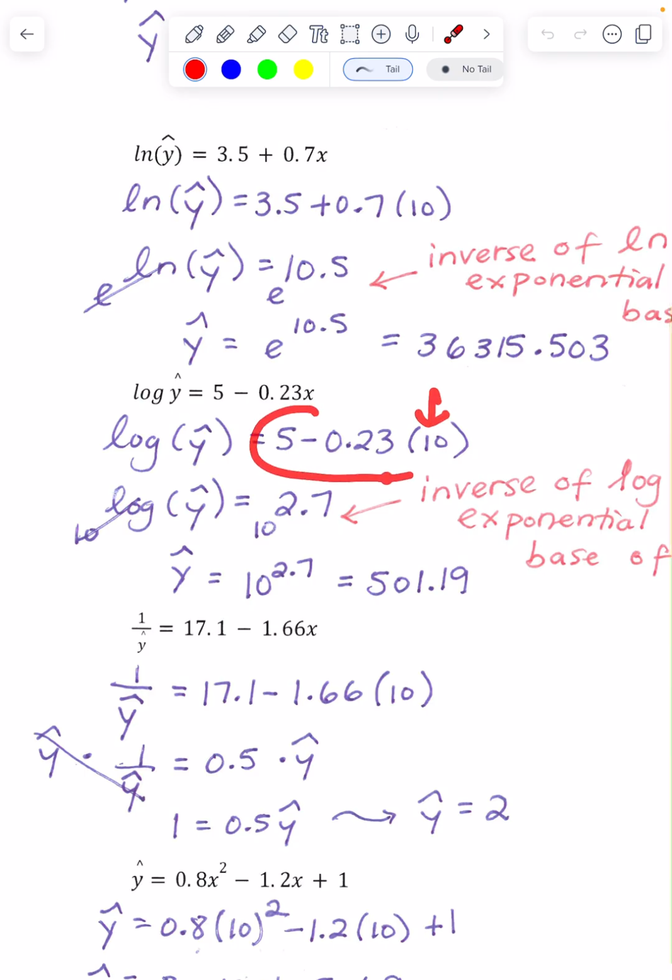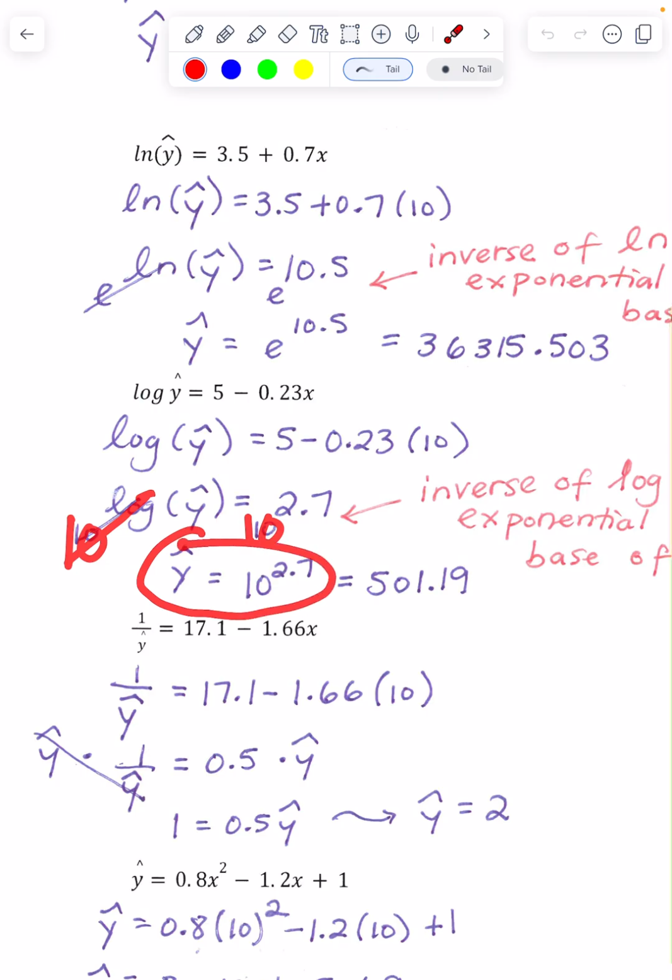What I get from 5 minus 0.23 times 10 should be 2.7. Not done yet. I've got to unwrap my y by raising both sides to a base of 10 to cancel out that log. And I end up with y equals 10 to the power of 2.7, which is 501.19.